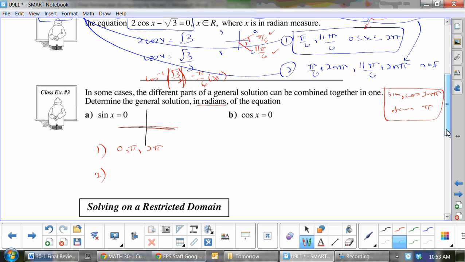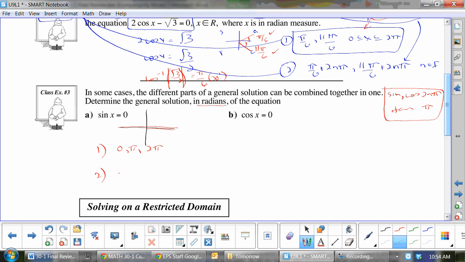There's actually a nice way to be able to say all of that at once. Now looking up here, how could you say all of those without having to do 3 different situations? No, we'd still have to use plus something or whatever.